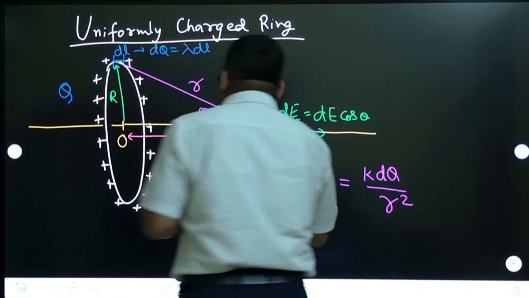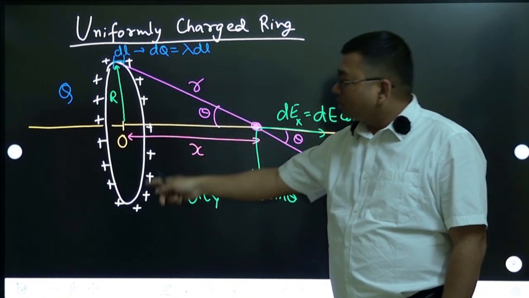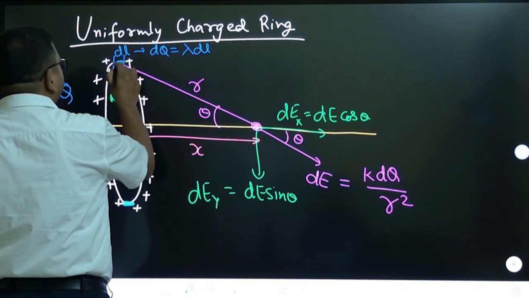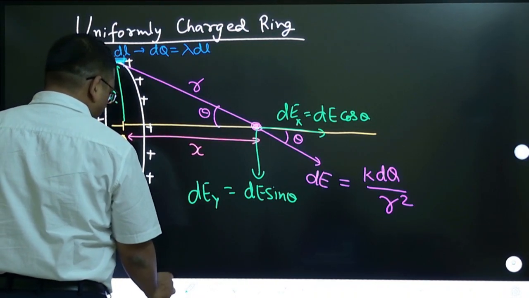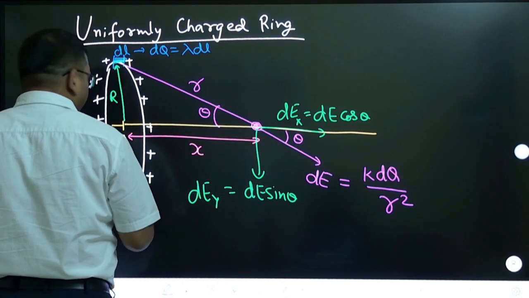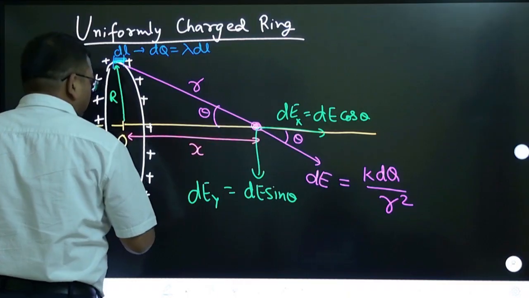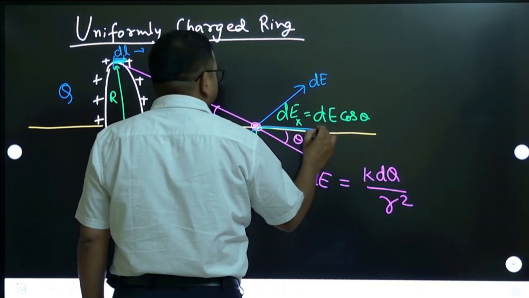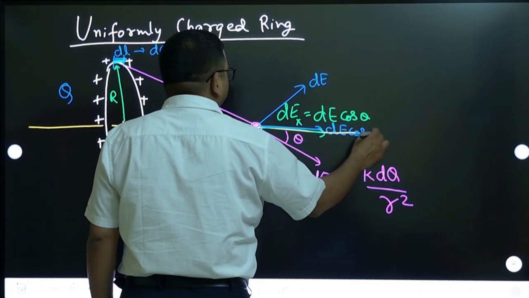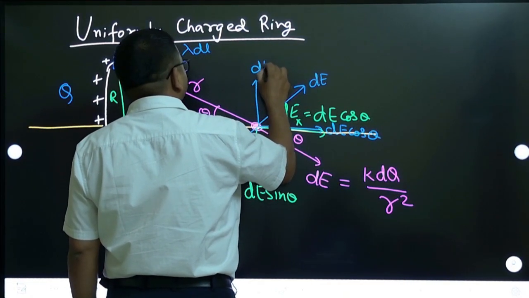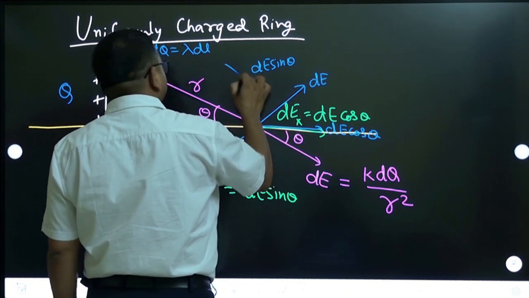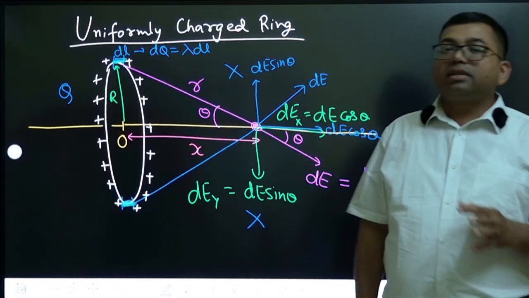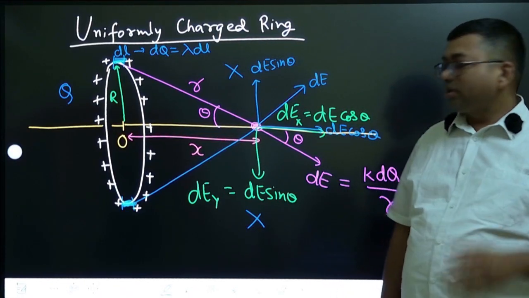But note that while integrating, an opposite element will come on this side, like here this element is there, similarly on this side one element will come, and it will also create its field in the same manner. It will also create dE cos theta and dE sin theta. So you will see that the dE sin theta components get cancelled. Ultimately you will get only the horizontal component, so you have to integrate dE cos theta.